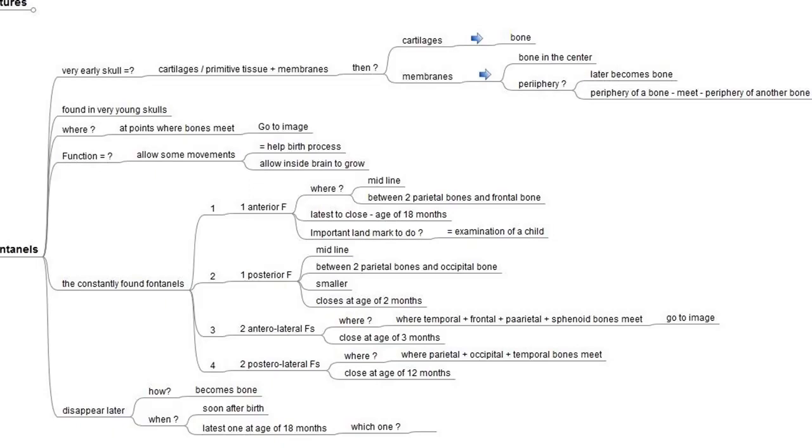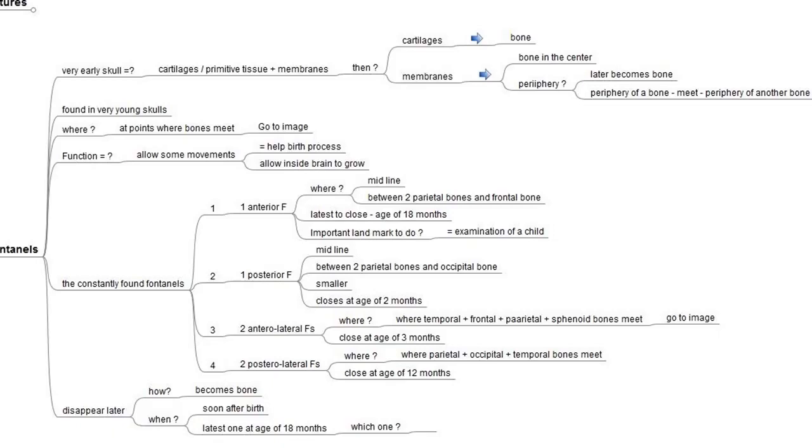For example, let's follow the arm that says the constantly found fontanelles. Number 1 is the anterior fontanelle.